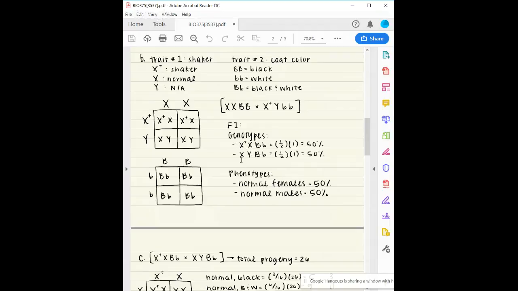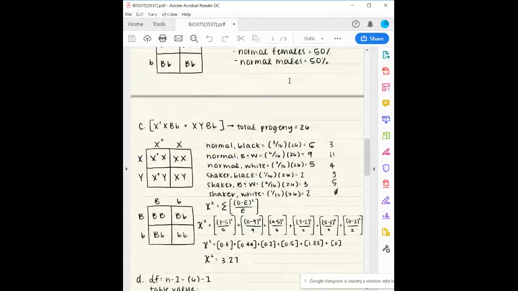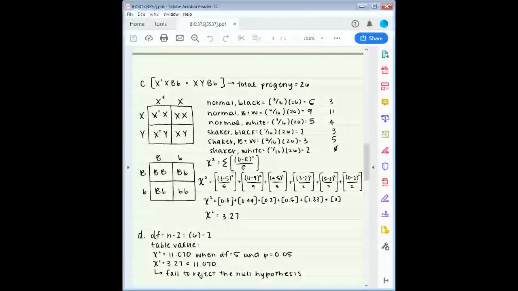And then for C, what did you ask? Oh, perform the chi-square analysis. So basically, I did what Mason just explained. I found each of the different phenotypes, which we had 6: normal black, normal black and white, normal white, and then shaker black, shaker black and white, and shaker white.